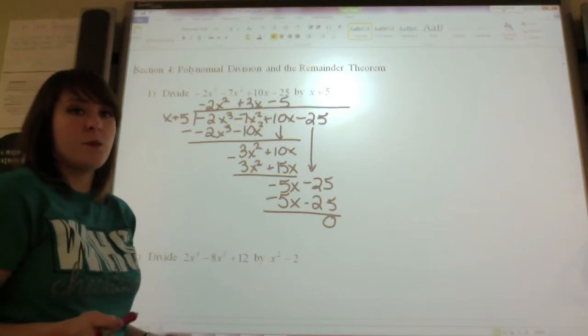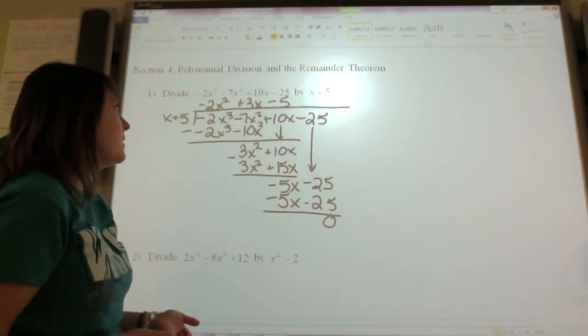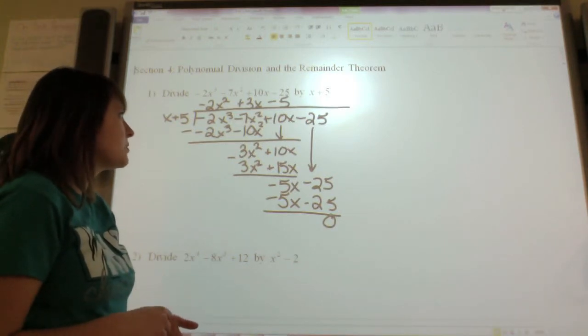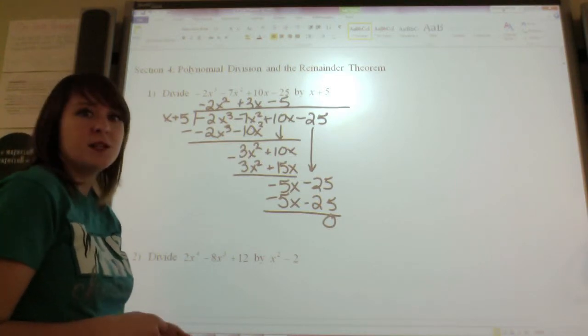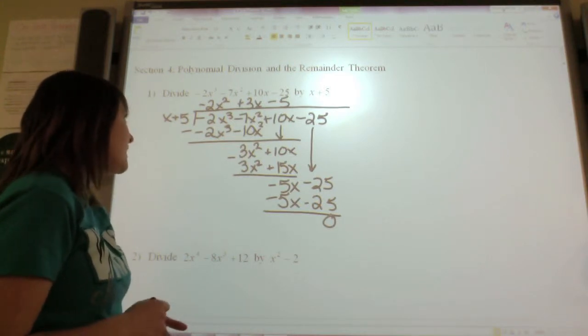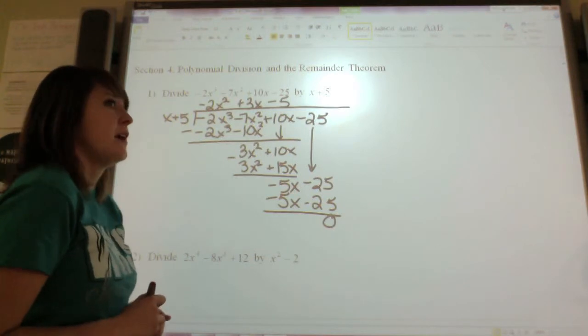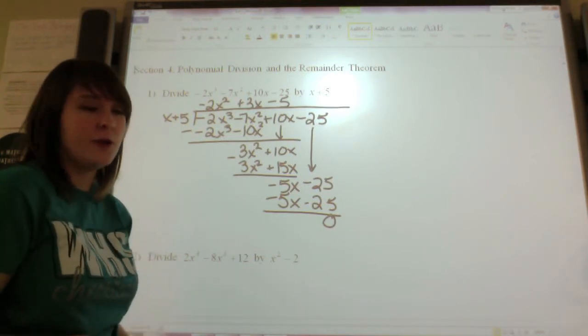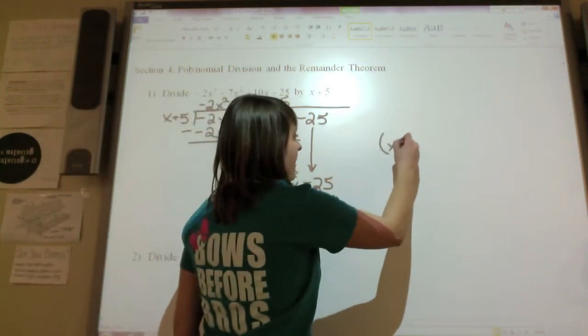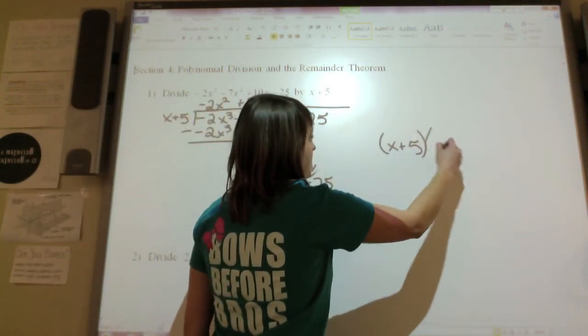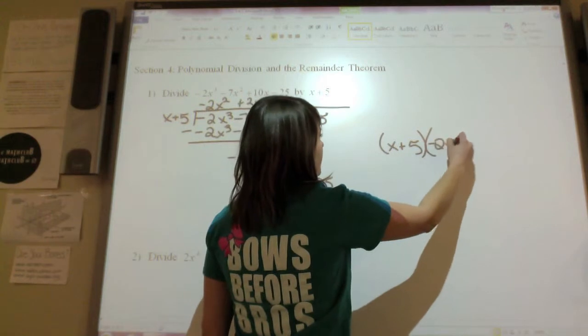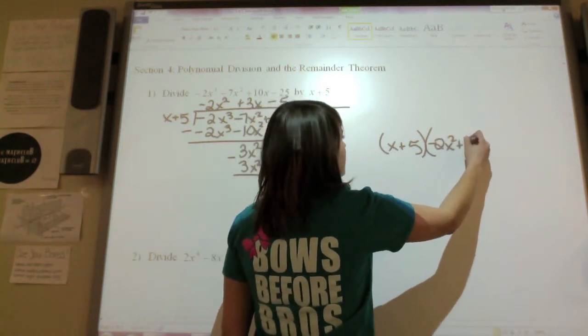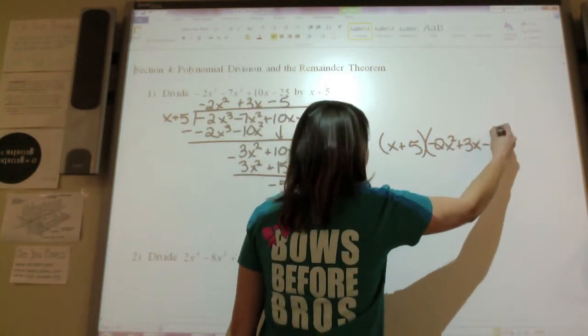So when I divide this polynomial, negative 2x cubed minus 7x squared plus 10x minus 25, by x plus 5, I get negative 2x squared plus 3x minus 5. Essentially what I've just done is factored this polynomial into x plus 5 times negative 2x squared plus 3x minus 5.